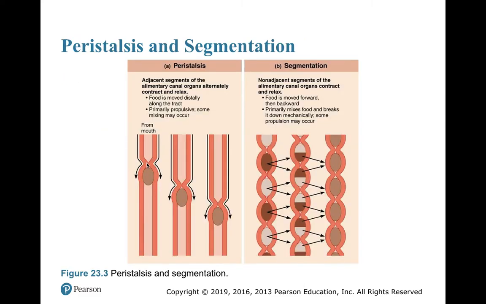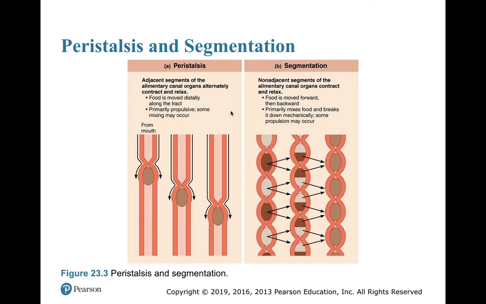So in peristalsis, we can constrict one part of the tube, and then by contracting the muscle, move that food through. If this is in the esophagus, for example, this would be called a bolus. The bolus would move forward, you constrict behind it, and the bolus continues to move forward.